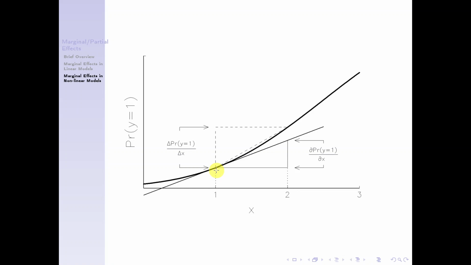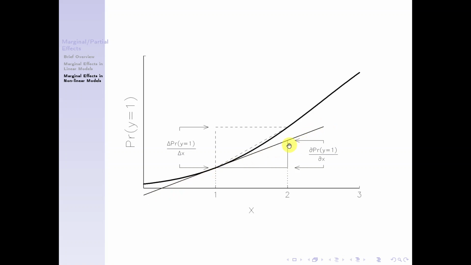But let's assume it does not approach 0. Let's say we set delta x to be what? To be 1. So we increase x by 1 unit. What is the amount of change in y? Well, that is a rise, right? That is the rise on this tangent line, okay?